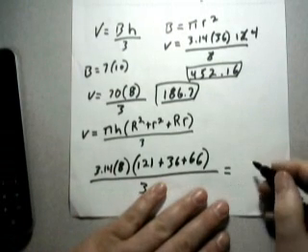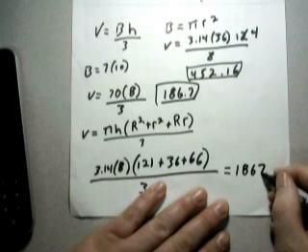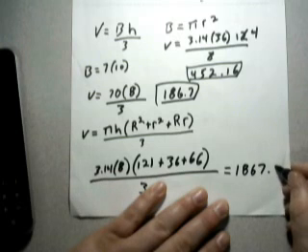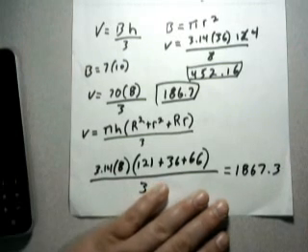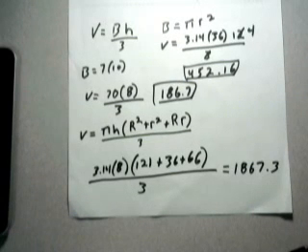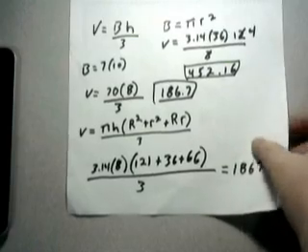The volume of that frustum is 1867.25, or you can just go ahead and put 0.3. That's fine. So that is the volume of the frustum.